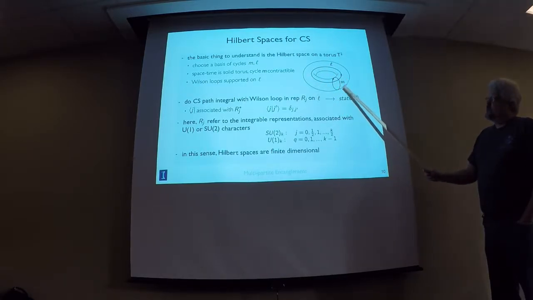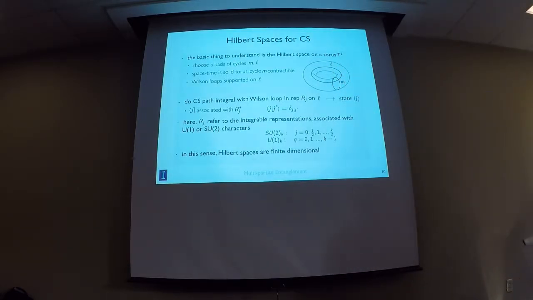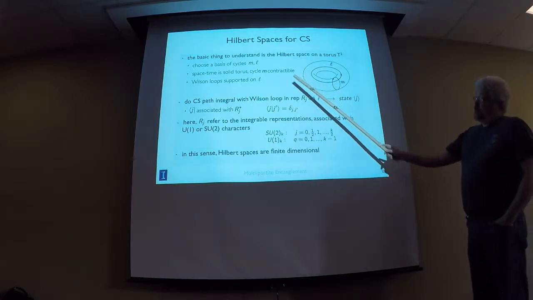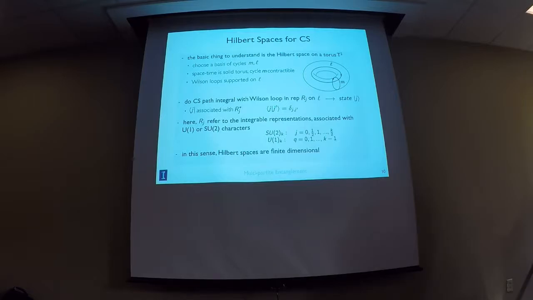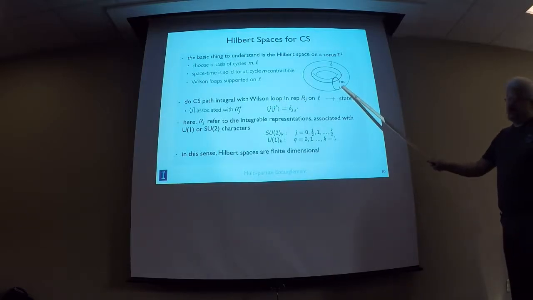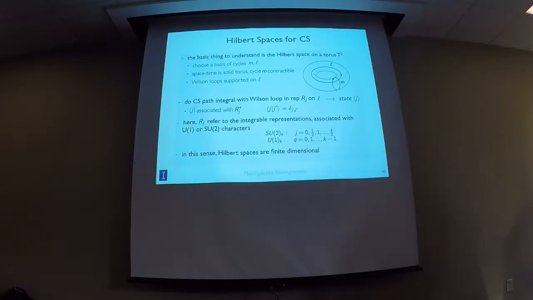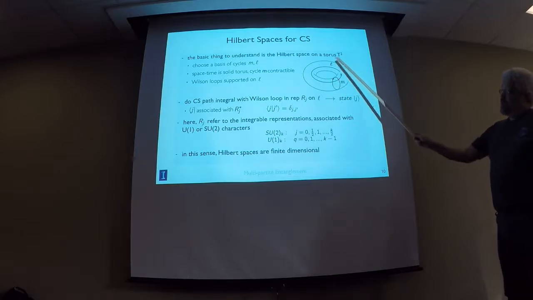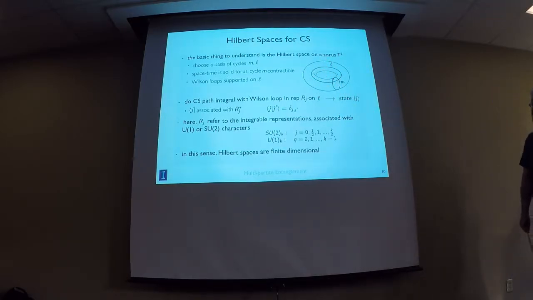And there's a basis of cycles on that torus, the A and B cycles. And we're going to think about space-time as filling in that torus, taking the solid torus. And in that space-time, the cycle that I'm calling M here is contractible. I can shrink it to nothing, but L is non-contractible, and it can support a Wilson loop.